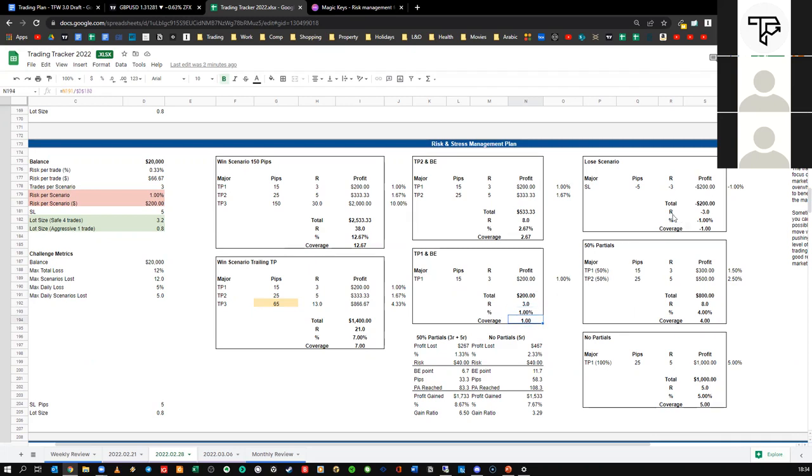So it's a 1-to-1 ratio. Whereas before, if you just cashed out at 3R on 1%, you would make 3%. Here you're making 1%. The reason we're doing that is for the benefit of making more money from price running away. And it does do that, as we saw even today. So that is the benefit.